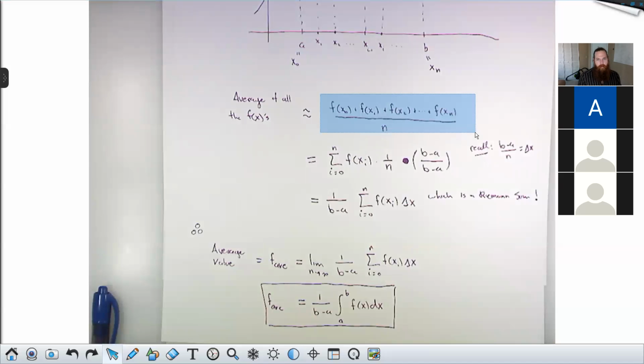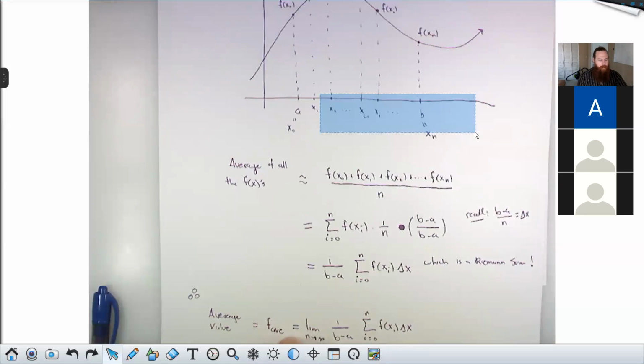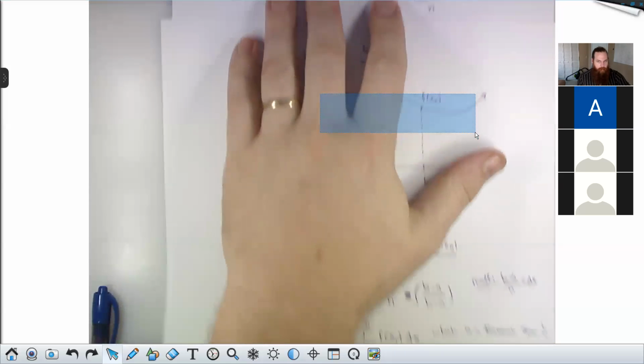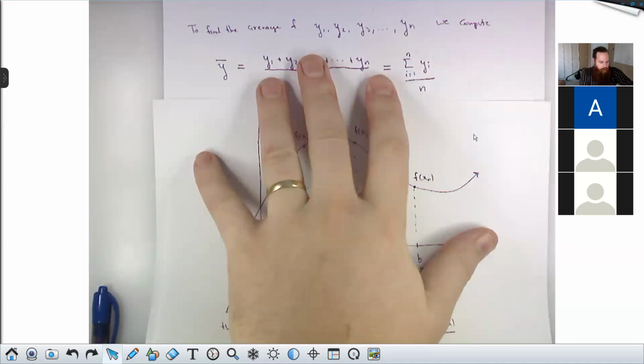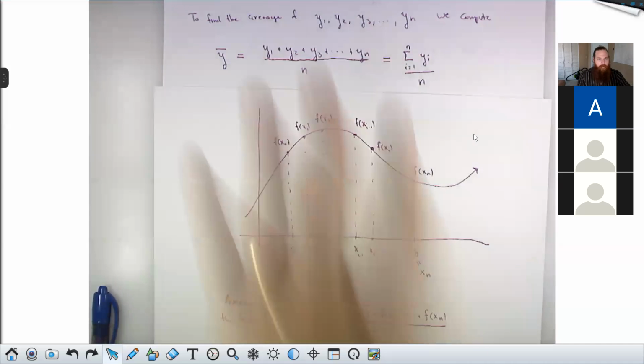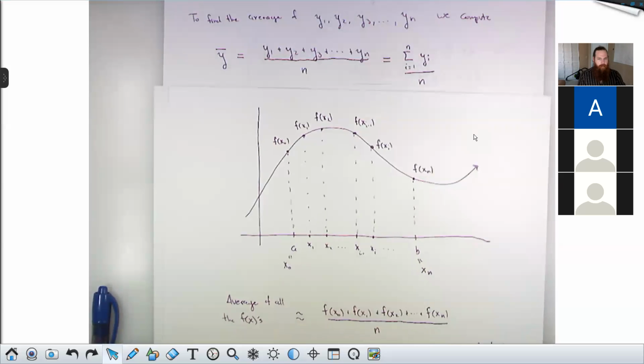That's what we were talking about: how do I do this when there's infinitely many y's? And the answer is, you just take a limit.